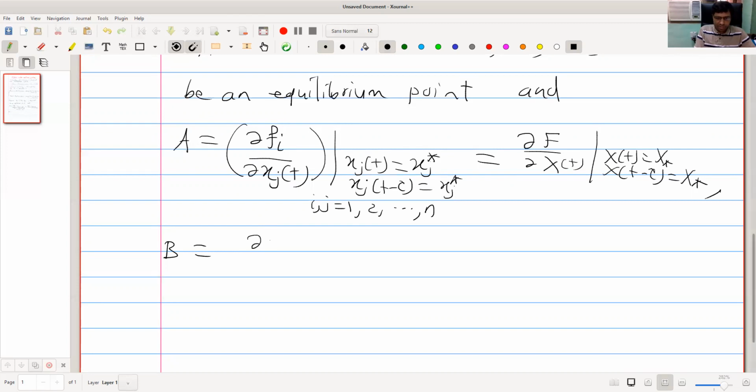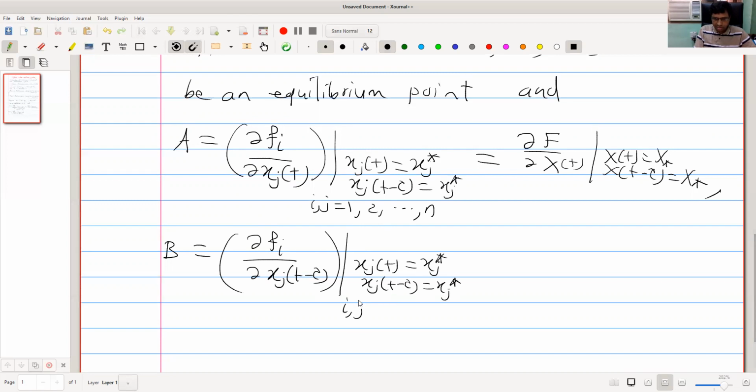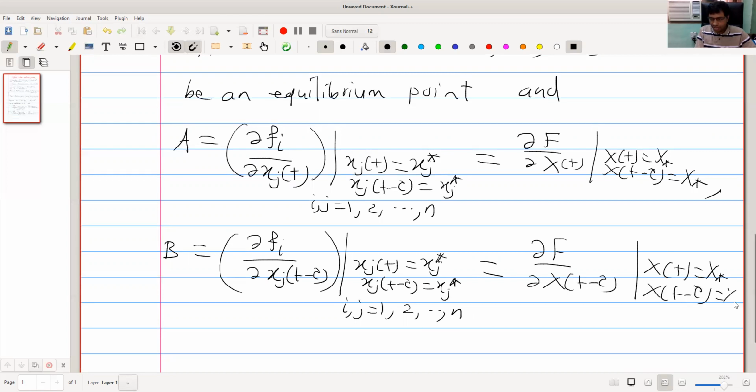We write this as partial fi with respect to xj of t minus tau, evaluated again at the same equilibrium point, xj of t as xj star and xj of t minus tau is also xj star. i and j both are from 1 to n, or this may be written as partial f with respect to x of t minus tau evaluated at the point x of t as x star and x of t minus tau is also x star.